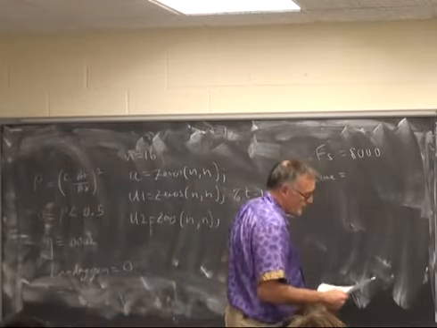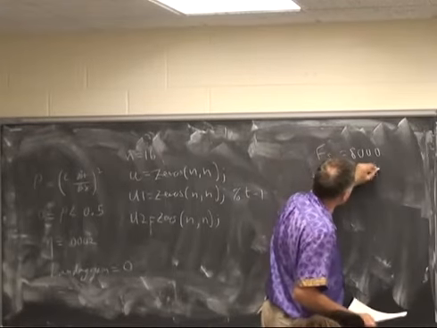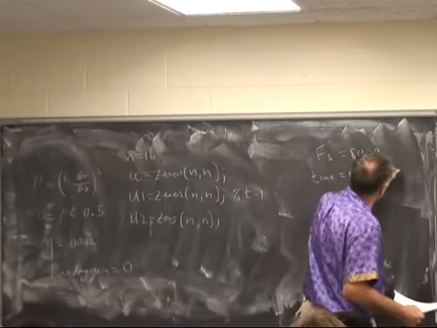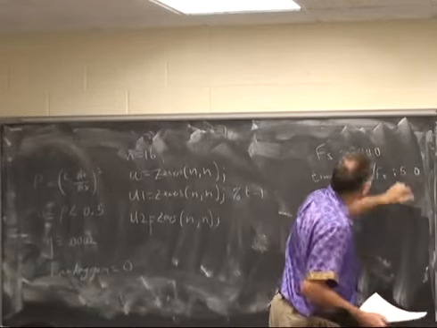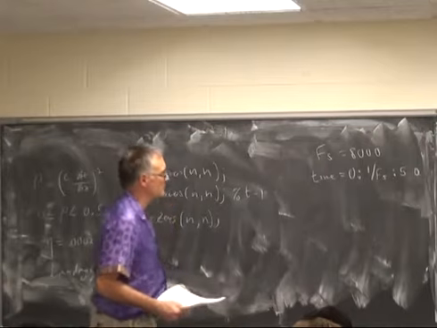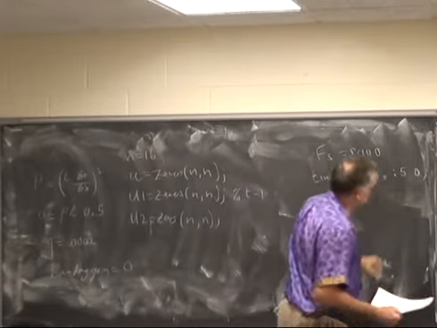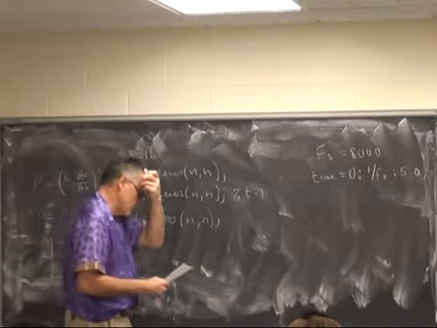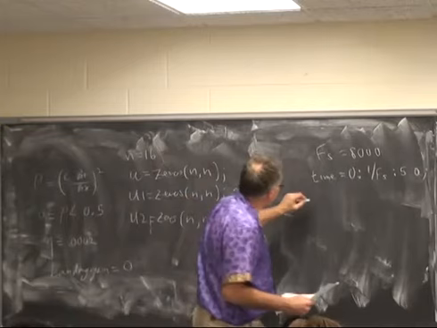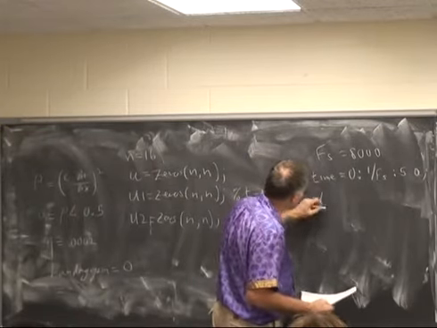And we're going to define a time vector which goes from 0 by 1 over Fs to 5.0 seconds. And we need an audio output, AUD output.